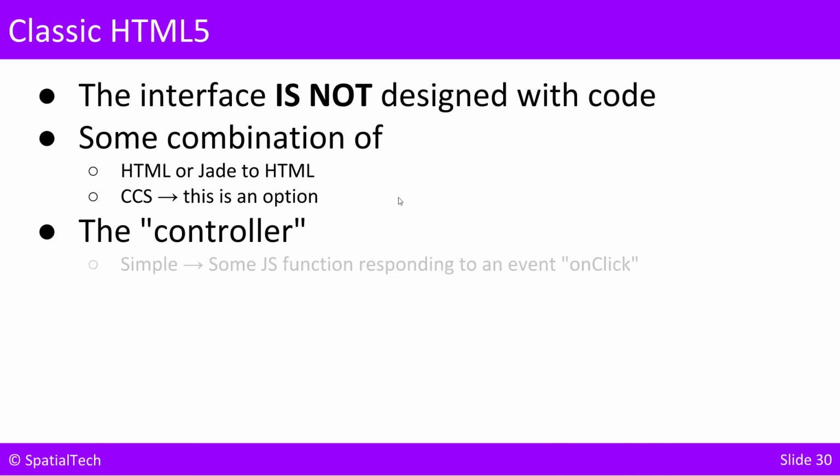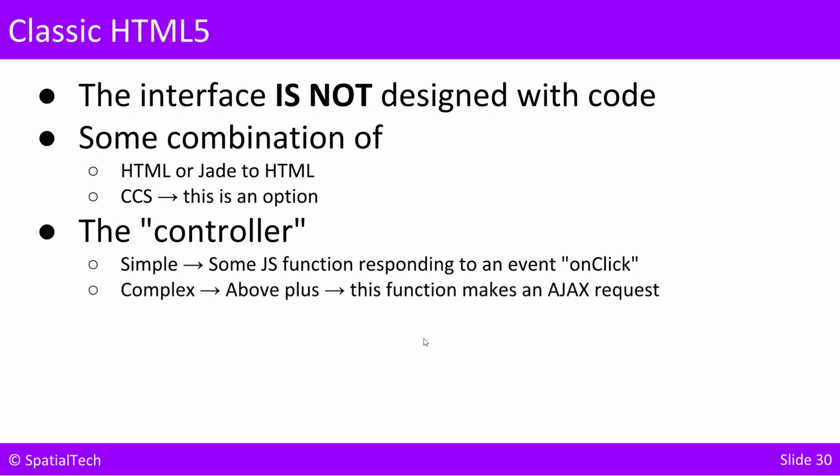And then the controller, if we want to call it that, is someone clicks on a button and we run some JavaScript function out of a file somewhere. And so we're responding to an on-click event of a button or some other type of control. A complex version of this would be the above HTML and cascading style sheet, but maybe making some AJAX requests back to the server so that we're only updating part of the page.